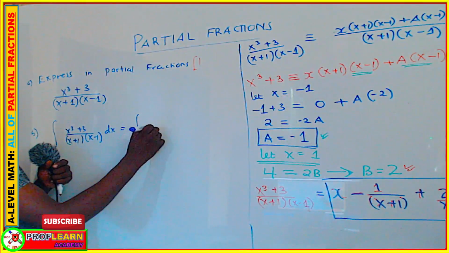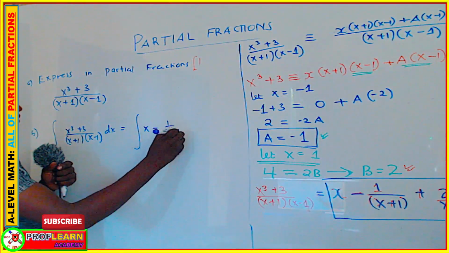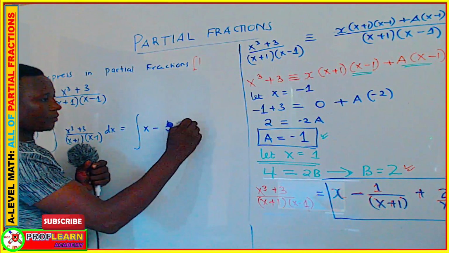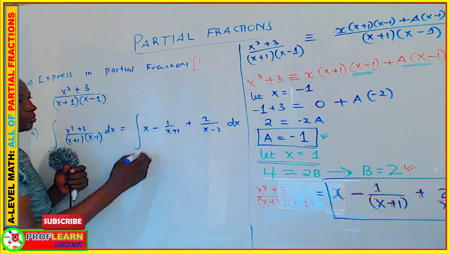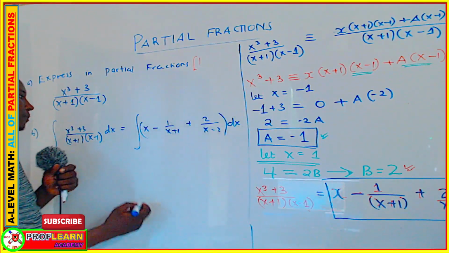So we are going to integrate x minus 1 over (x plus 1), plus 2 over (x minus 1), with respect to x. When we are integrating this, we are going to integrate term by term.